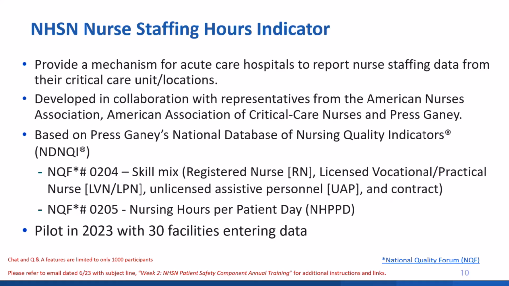We know that most hospitals have these data already available in their facilities. And this indicator is based on Press Ganey's National Database of Nursing Quality Indicators, or NDNQI. So you'll see here the NQF indicators of skill mix and nurse hours per patient day. And some of you are familiar with that.